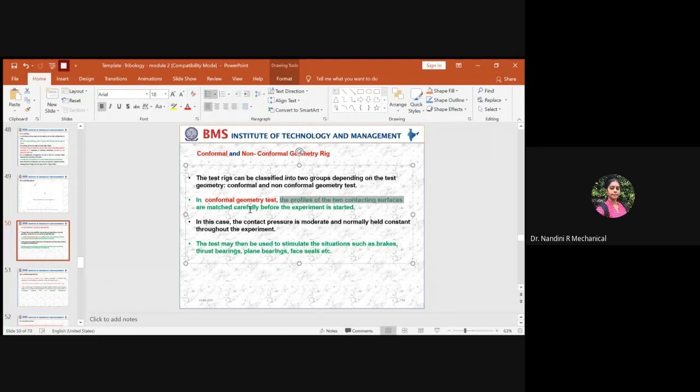So in this case, the contact pressure is always moderate and normally held constant throughout the experiment. Why does this happen? This happens only when you have two specimens of the same nature, the same material, and hence there is no necessity to have more pressurized contact, right?